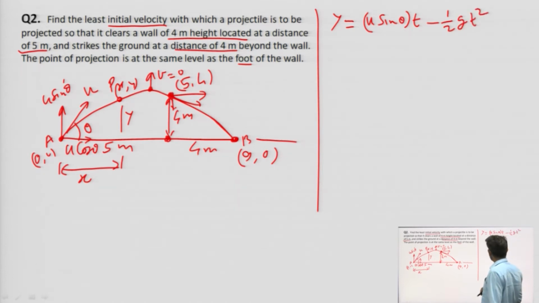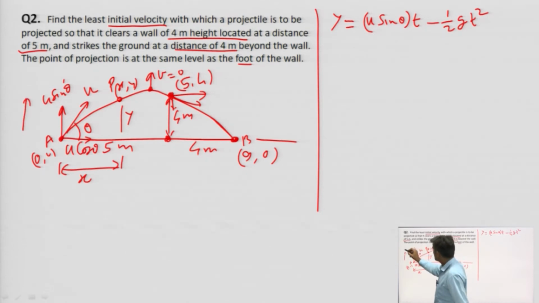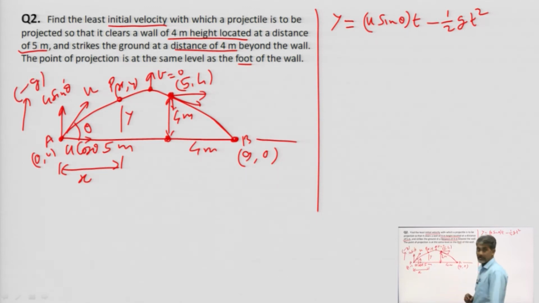This is the equation for y. The initial velocity is u sin theta, the time taken to reach from A to P is t, and the acceleration upward is minus g, that is why it is minus half g t square.